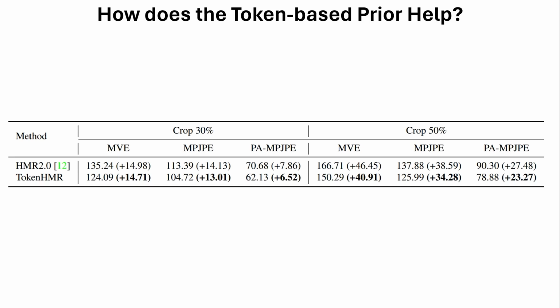But since I have learned a good prior, I should output something physically plausible, and that should reduce the error. And we can see kind of the same thing: on 50% cropping, with HMR2, the performance becomes around 38 millimeters worse, while with TokenHMR, it becomes around 34 millimeters worse.